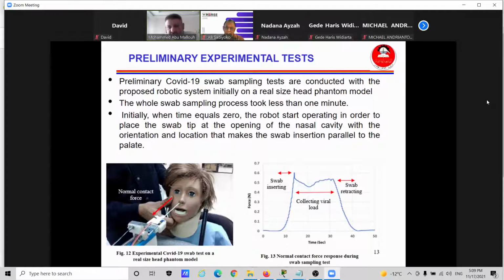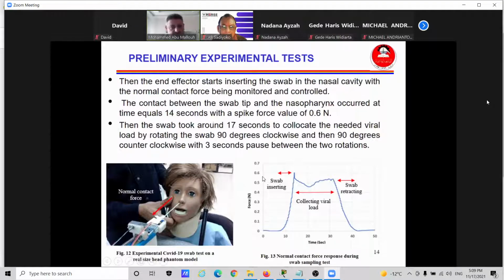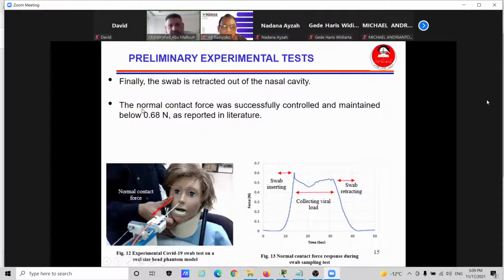And the last stage is where we have the swab retracting, where we remove the swab out of the nasal cavity. So we conclude that the normal contact force was successfully controlled and maintained below 0.68 Newton, which was reported in literature to be a safe and comfortable amount of force to conduct this test.